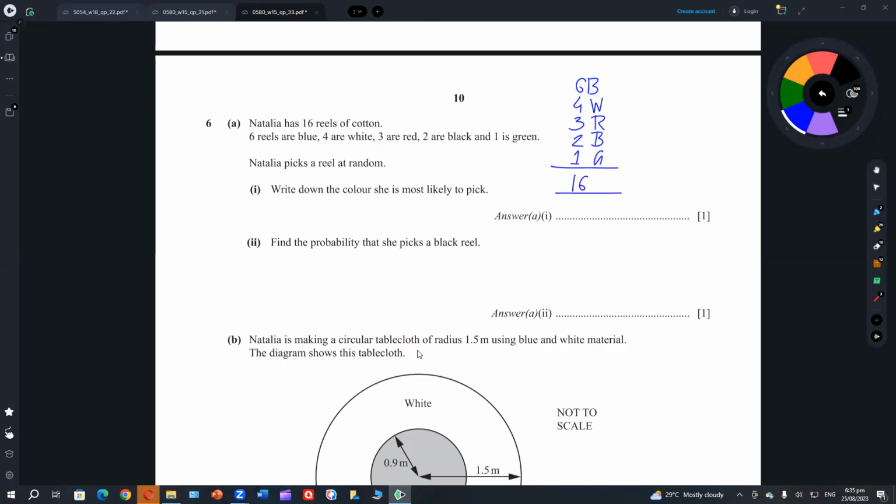Total is 16. So please keep working with me, and remember what you had to do.